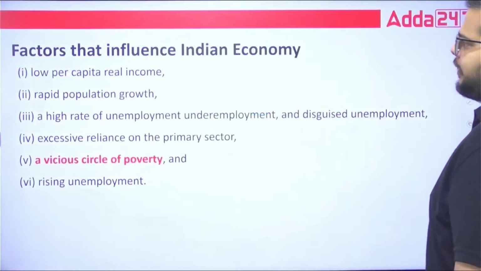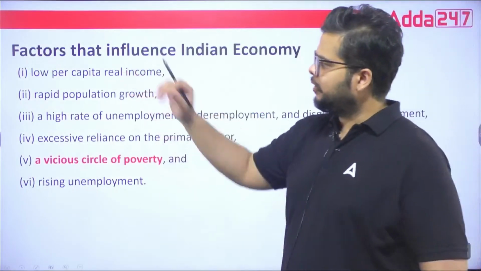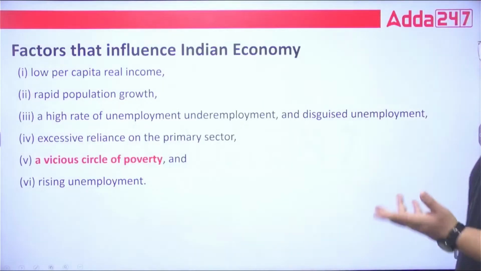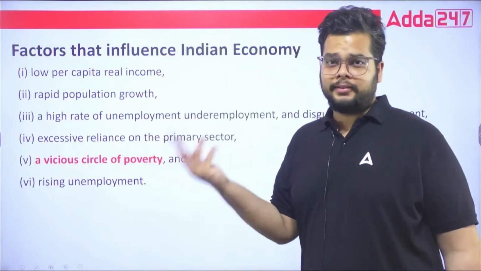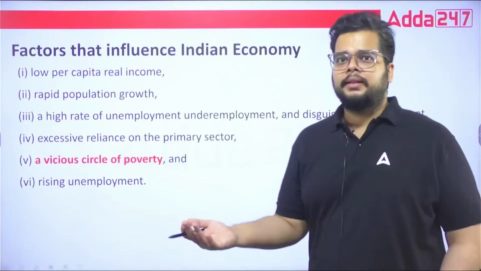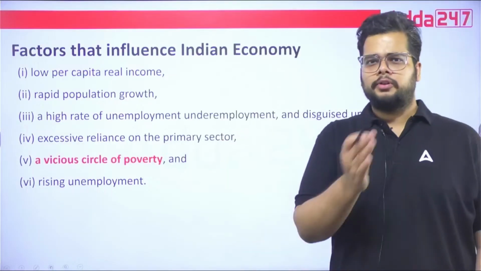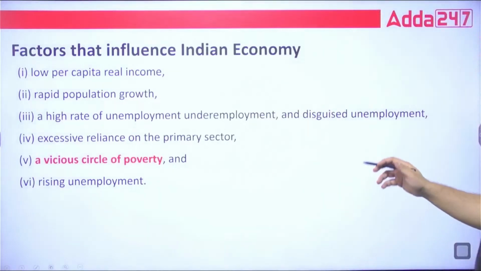Next, the factors influencing the Indian economy. There are various factors, starting from your per capita income, which is on the lower side. You have rapid population growth. Right now we are sitting at the first position when we talk about population. High rate of unemployment is there, no jobs. Underemployment: jobs are there but not in your specific domain where you have done your educational qualification.